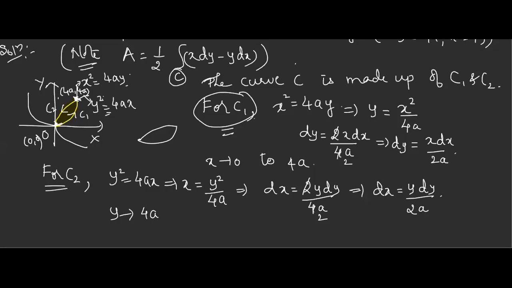See the variation for C2. This point till here. The upper limit I am writing: y is 4a. Where is C2 ending? C2 is ending at the origin, so the value is 0. Is the part clear or yes or no?